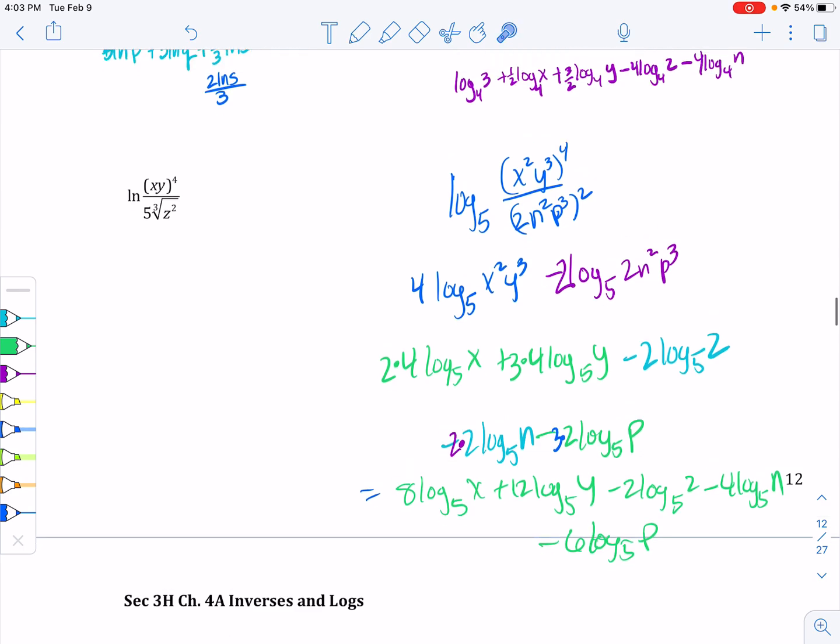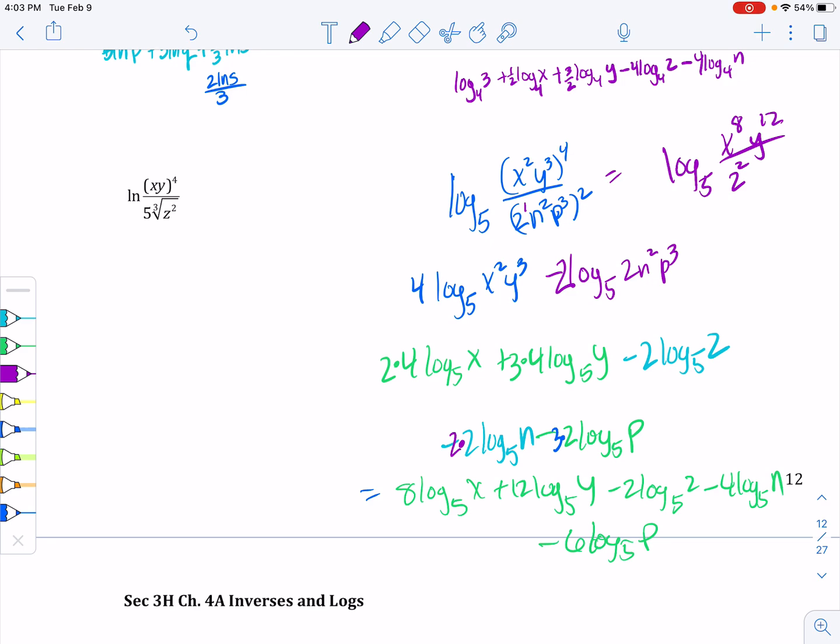Now, if I had raised each one of these to a power first, at the very beginning, I would have log base 5 of x to the 2 times 4 is 8, y to the 3 to the 4th is 3 times 4, which is 12, over 2 to the first squared is 2 squared, because we're doing the 1 times the 2.